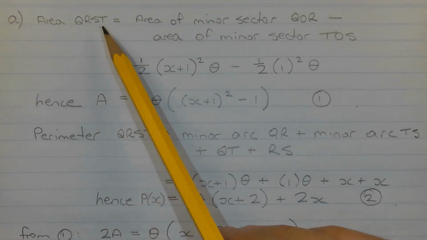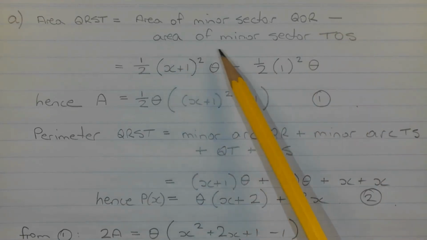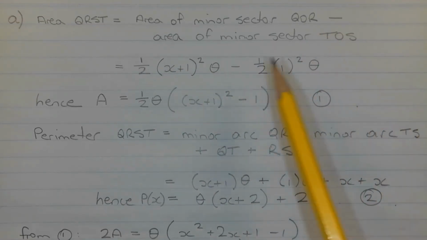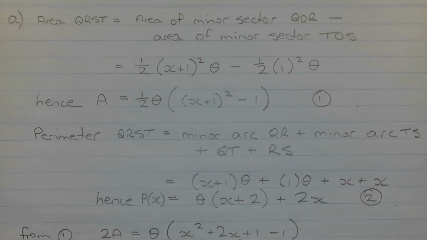So area QRST is equal to area of minor sector QOR minus area of minor sector TOS, using the half r squared theta formula, which gives us the area of a sector with radius r and angle theta in radians subtended at the center of the circle. We get half times (x plus 1) squared times theta minus half times 1 squared times theta.